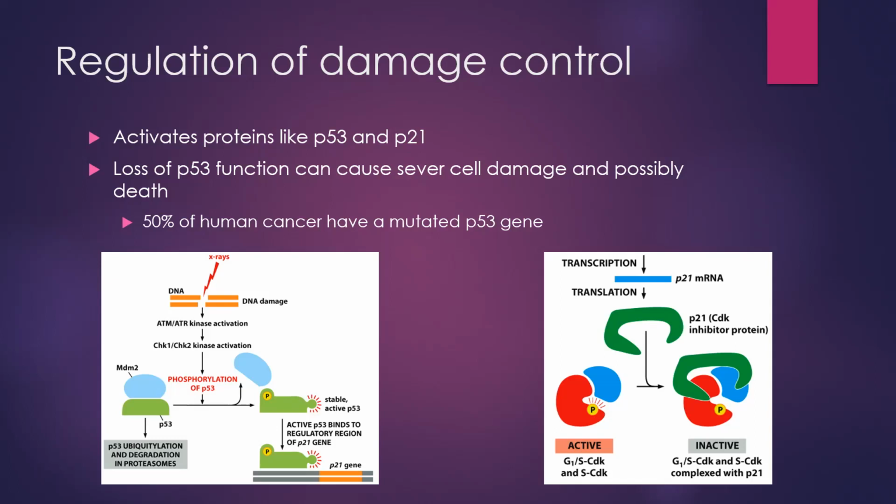This inactivates it and results in cell cycle arrest. If P53 function is lost, it can cause severe cell damage and possible cell death. In about 50% of all human cancers, there is a mutation of the P53 gene, which inactivates it.